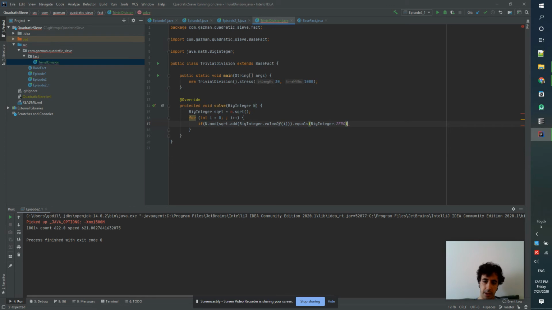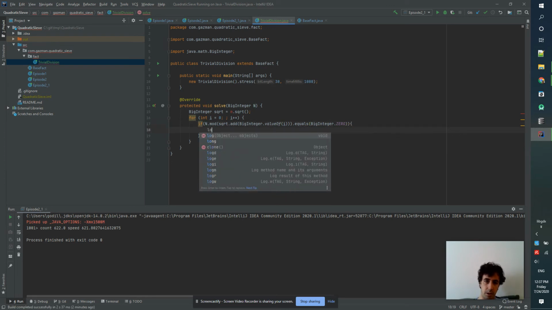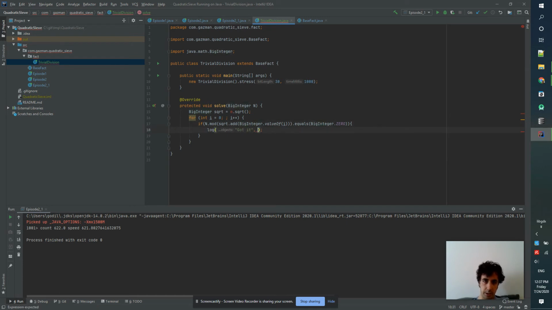If it's indeed the case, then log got it, and the solution is that square and i.